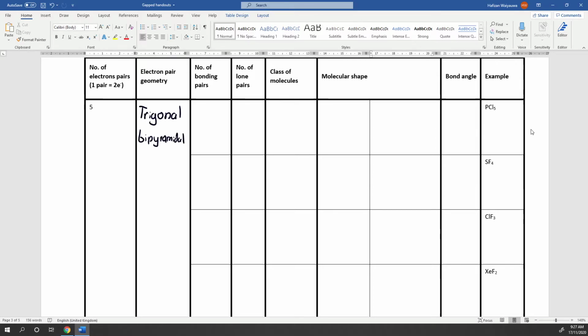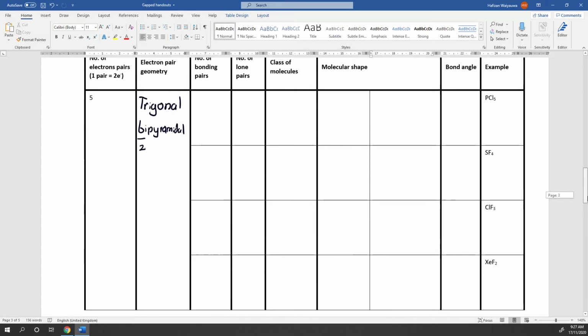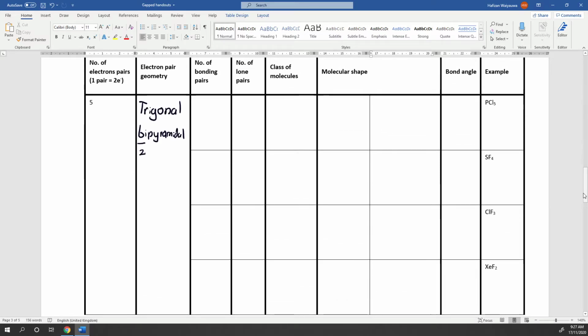Macam tadi saya tunjuk, trigonal pyramidal maksudnya dia ada piramid yang 3 segi, and bi maksudnya 2. So kita ada 2 piramid yang 3 segi. Tapi that's only for the electron pair punya nama. So, kalau dia ada 5 pairs, tak kisahlah bonding atau lone pairs, we can have all of the 5 as bonding and tak ada lone pairs. Ataupun dia ada 4 je bonding, 1 lone pair, ataupun 3 and 2, ataupun 2 and 3.